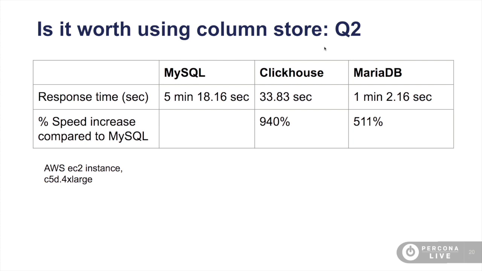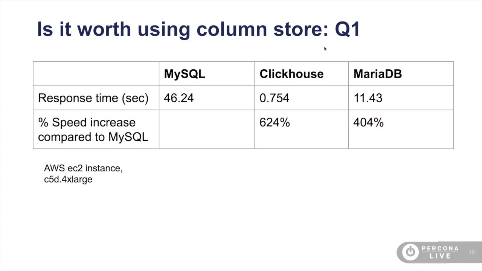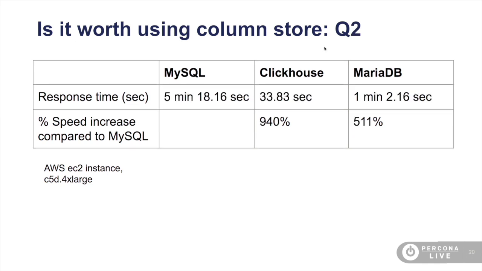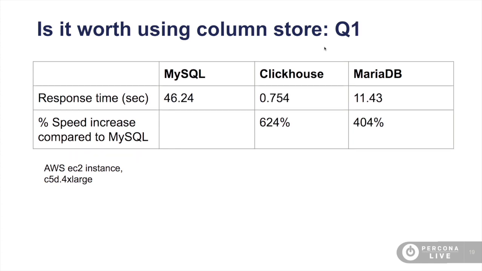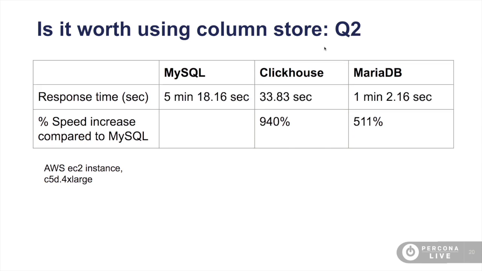On your previous slide, it said 0.7 for ClickHouse, but that is more like 6,000%. Yeah, probably missing the zeros here. Right, I will redo that. You're right, this is even more.